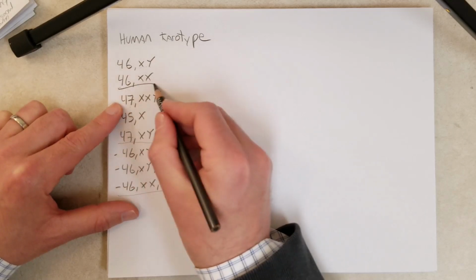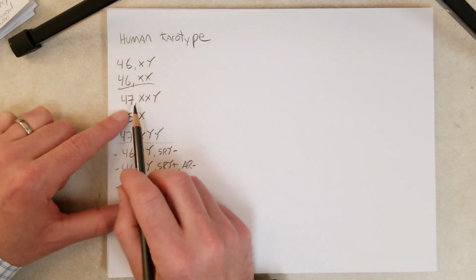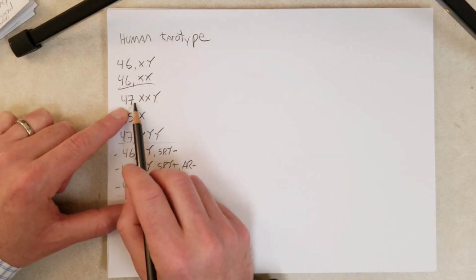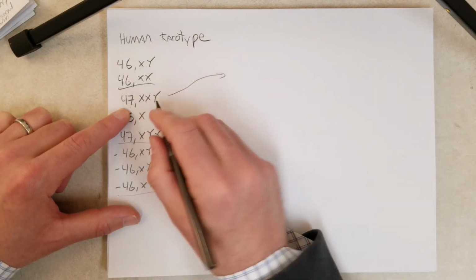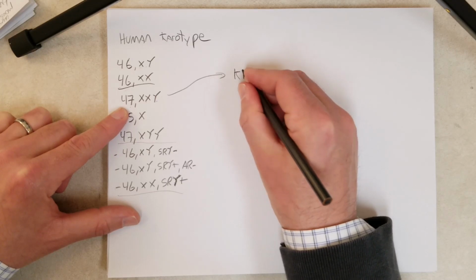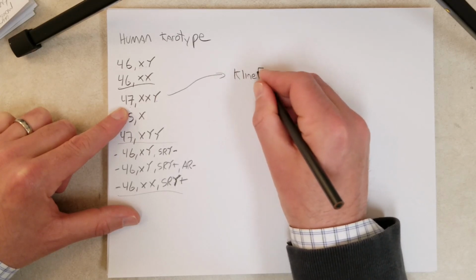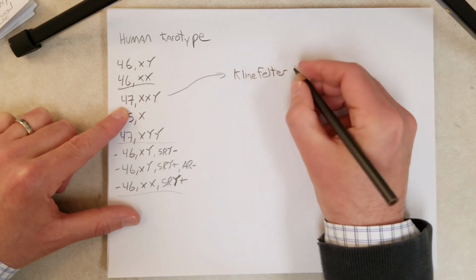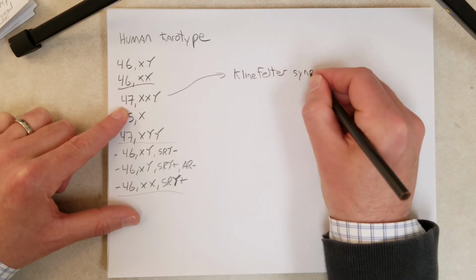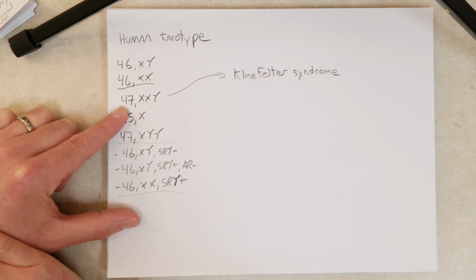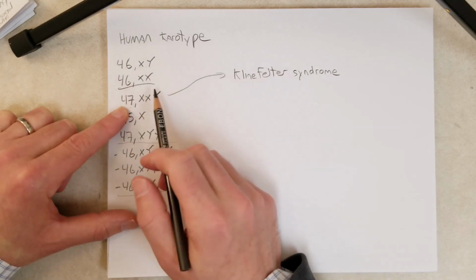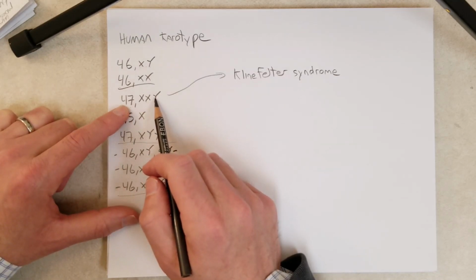So this karyotype right here, 47XXY, individuals with this karyotype are said to have Klinefelter syndrome, and I believe these are named after the physicians who identified the karyotype and associated it with a certain phenotype.